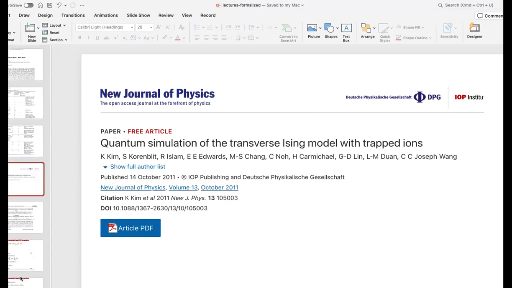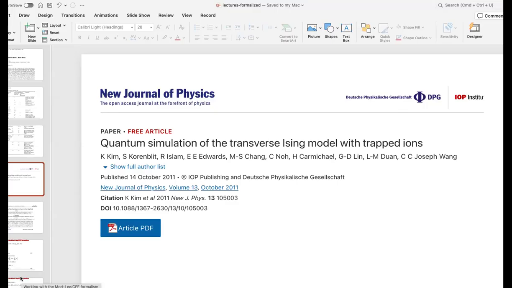And here is a newer paper which tells you quantum simulations of the transverse Ising model, experimental work with trapped ions. This fellow, Rajibul Islam from Waterloo, is one of the young, talented experimentalists there. He's an Indian-born physicist here.